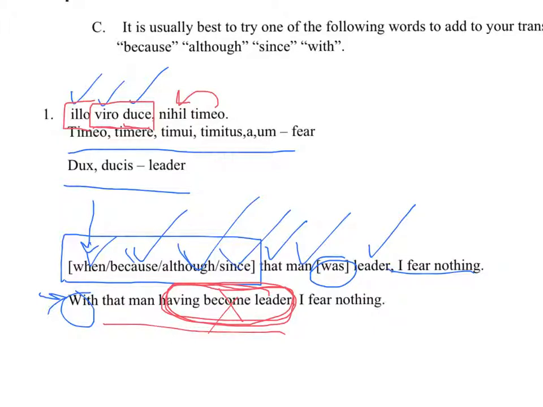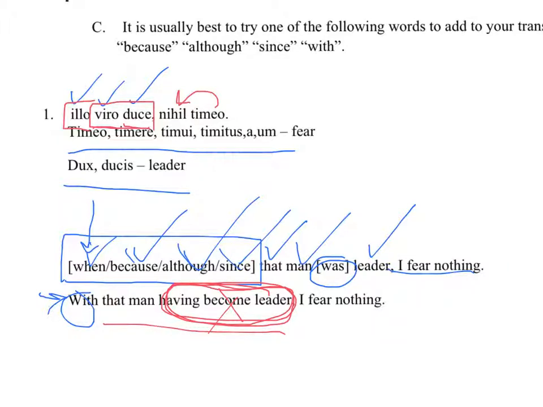The point is you've got to experiment with the ablative absolute. Try when, try because, try although, try since. And then you've got to manipulate this very compressed phrase, all in the ablative, into setting the setting for the rest of the sentence, setting up the conditions or the circumstances.